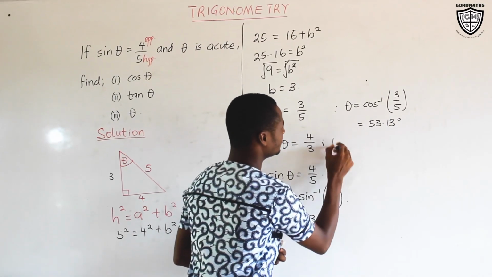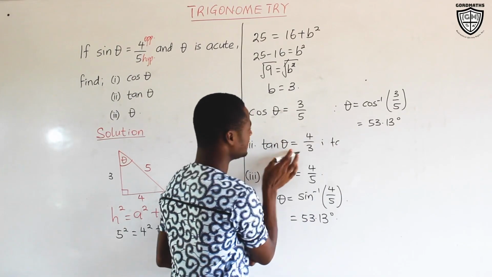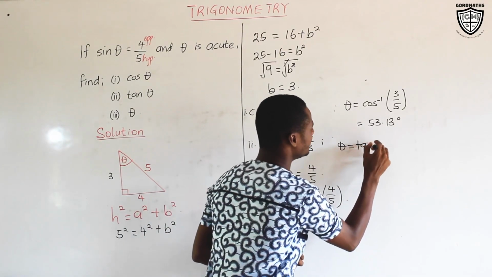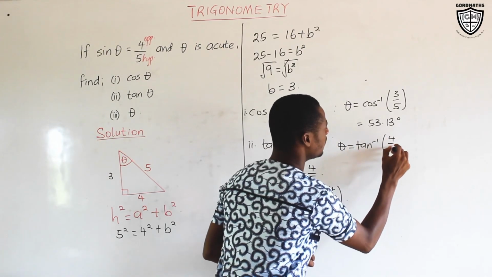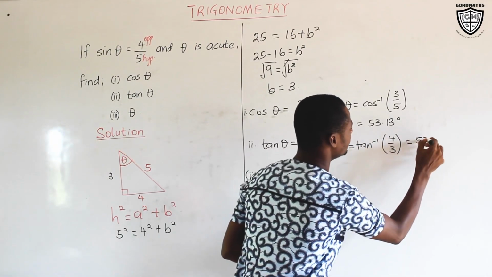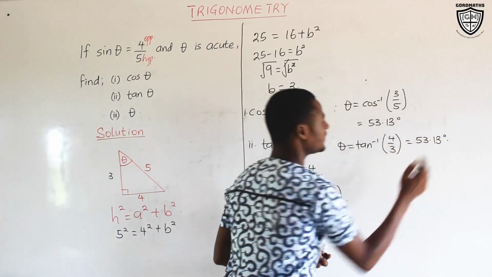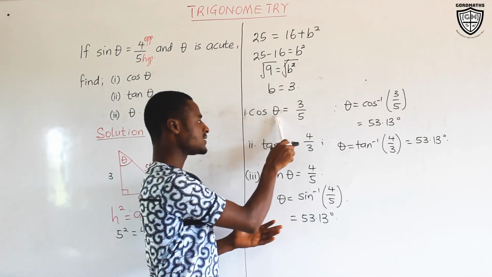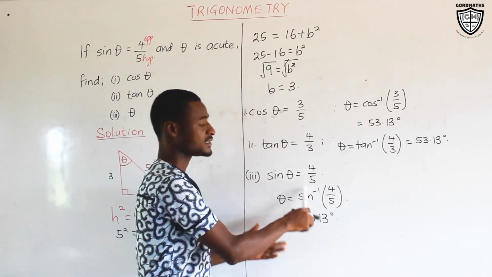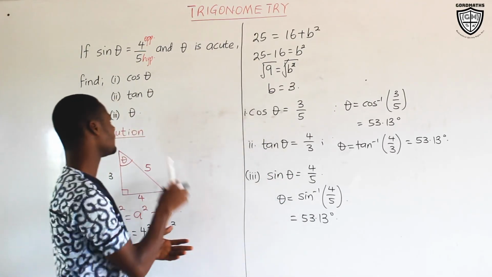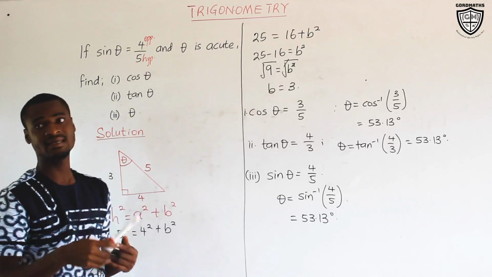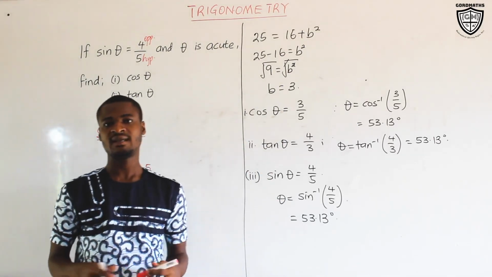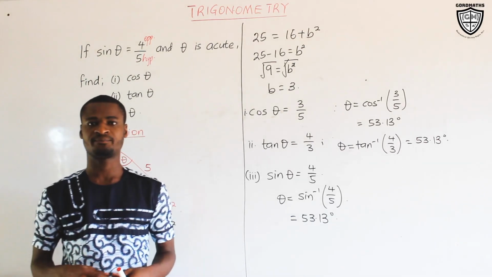Then, since tan theta is 4 on 3, theta is equal to the tan inverse of 4 on 3, and that is also 53.13 degrees. So, using cos theta, tan theta, or sin theta, we can find the value of theta by taking the inverse of whichever ratio we are using. Let's take another example.